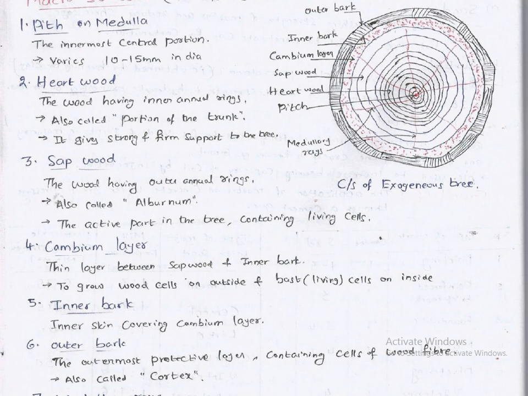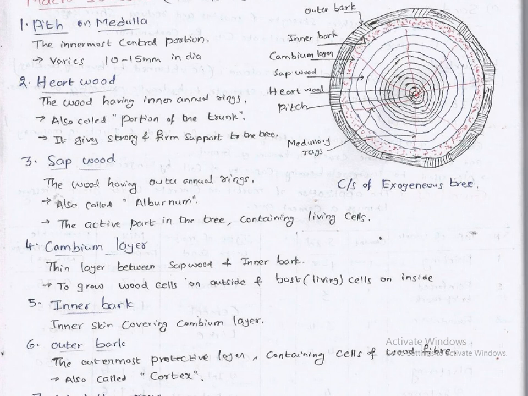Sapwood: the wood having outer annual rings, also called alburnum, the active part of the tree containing living cells. Cambium layer: thin layer between sapwood and inner bark to grow wood cells on the outside and bark cells on the inside.